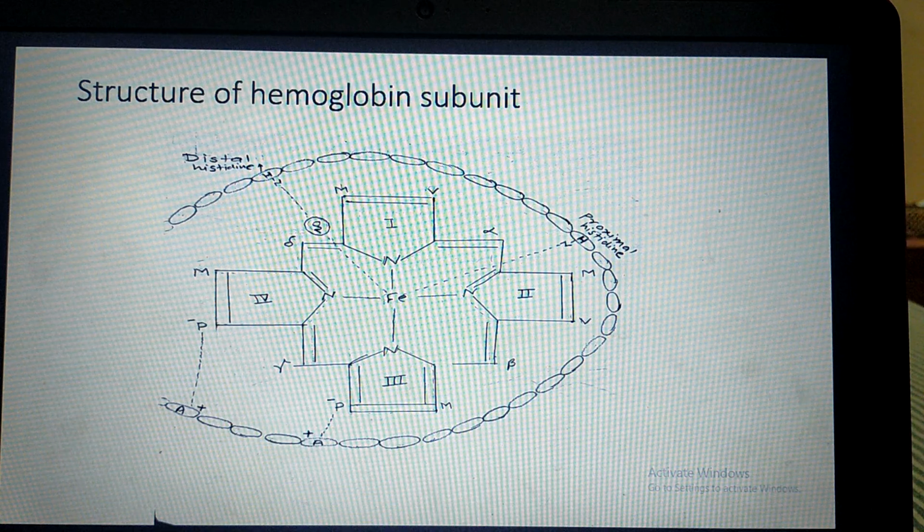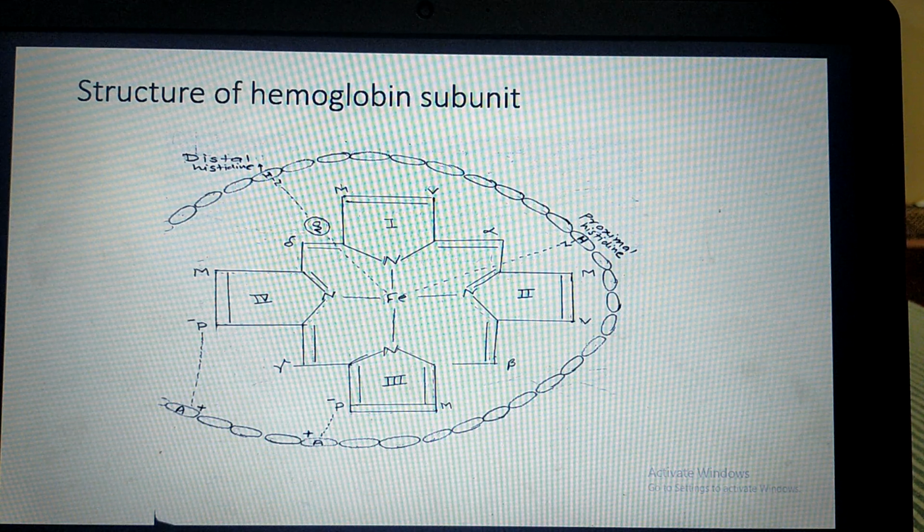All of us know that basic amino acids have positive charge, and acidic groups have negative charge. So the propionyl group is an acidic group, whereas arginine is a basic amino acid which has positive charge. So there are two electrostatic bonds between the propionyl groups of the 3rd and 4th pyrrole rings and two arginine amino acids present in the globin chain. So this is the attachment between heme and globin.